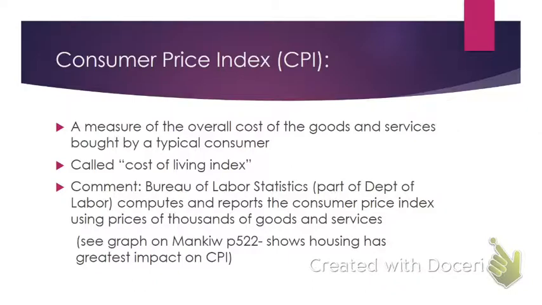Typically people spend 41% on housing, 16% on food and beverage, 17% on transportation. You've got your car payment in there, education, Medicare, recreation, apparel, other goods and services. That's a typical basket of goods for a consumer.